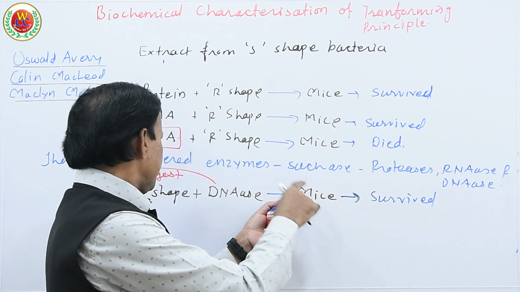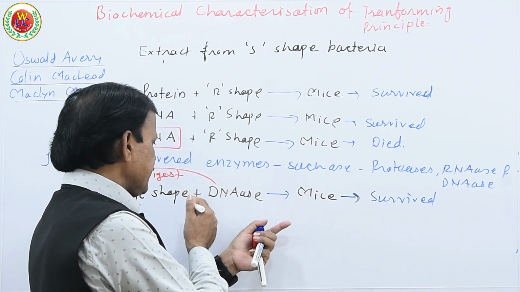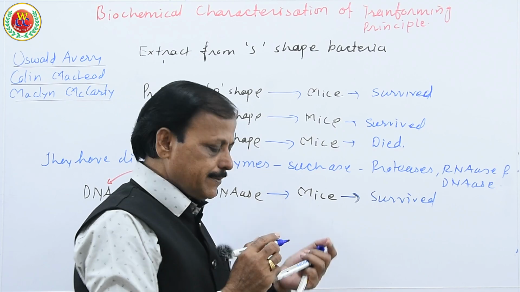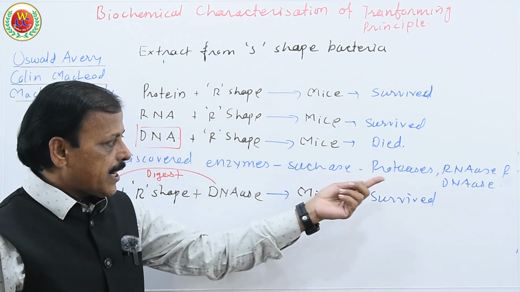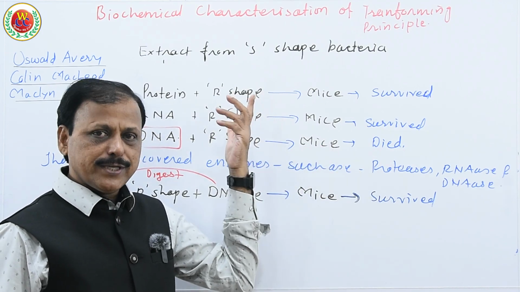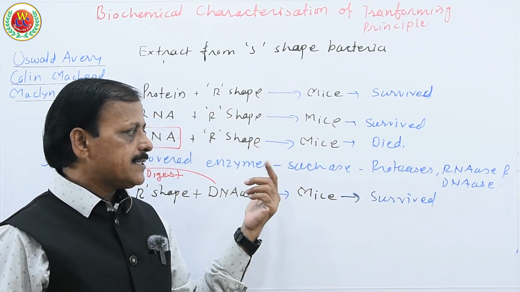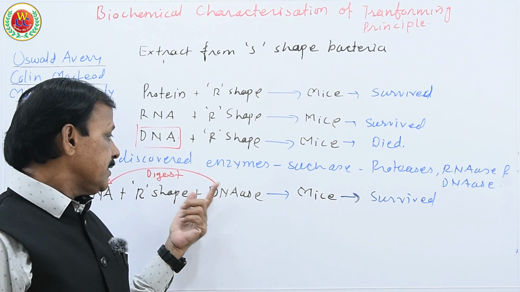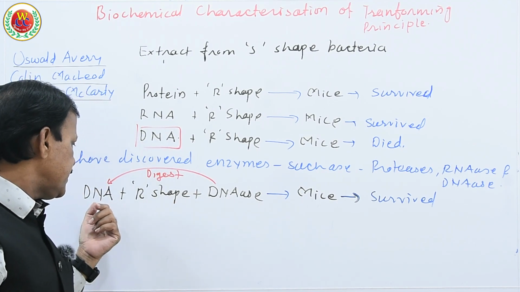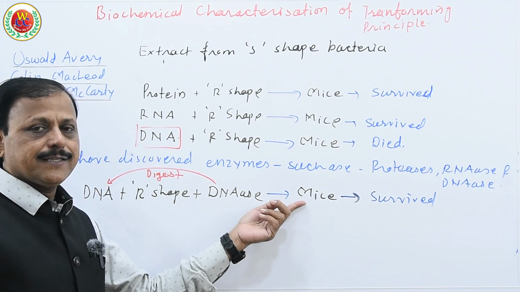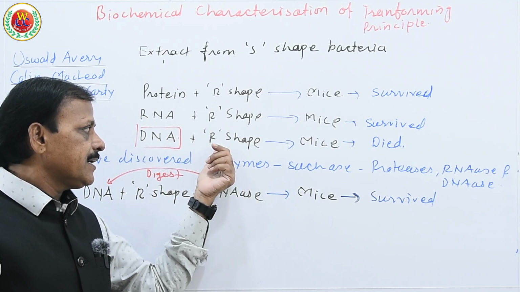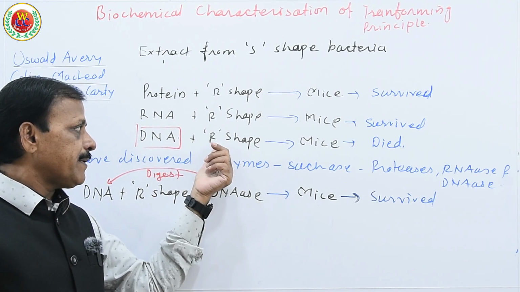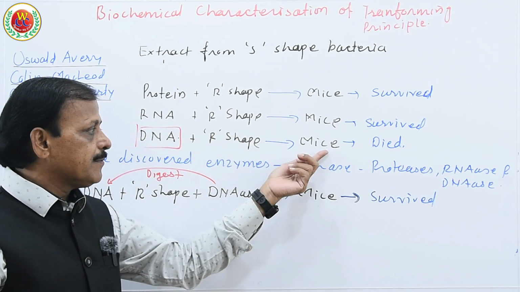R-shape remained R-shape, therefore the mice survived. In the control experiment, when they used proteases, there was no change. They used RNase, there was no change. But when they used DNA along with R-shape, the mice died.